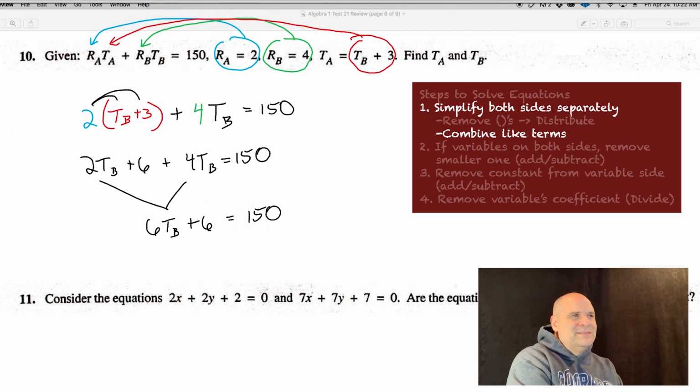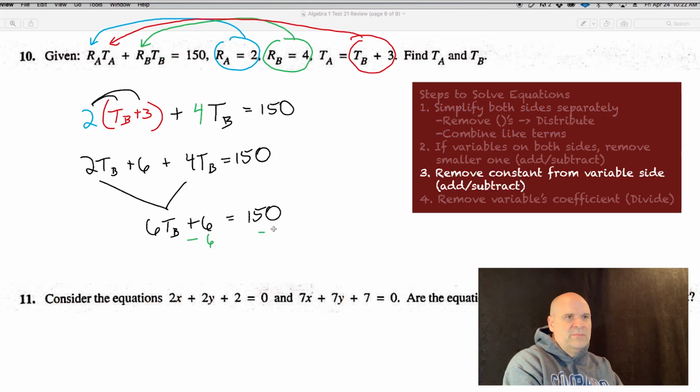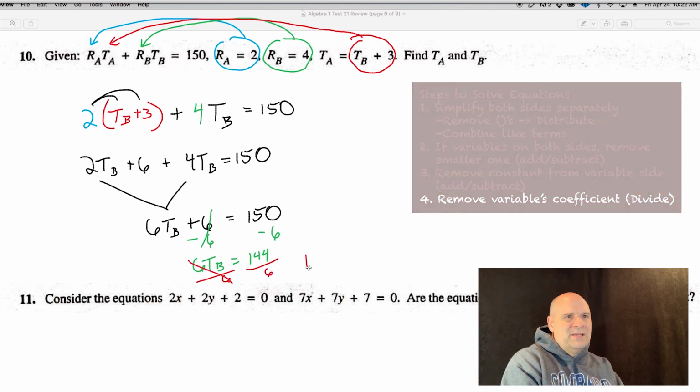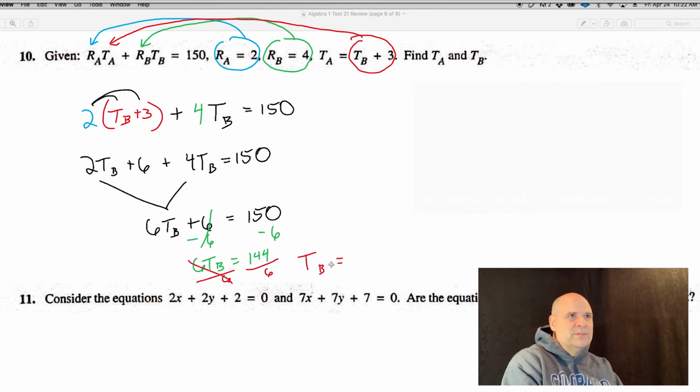Second step to solving equations is if you have variables on both sides, get rid of the smaller one. You don't. So we're skipping to step 3, which is get rid of constant on the variable side. So 6 TB equals 144. Last step, divide by variable's coefficient. So we get TB equals 24.